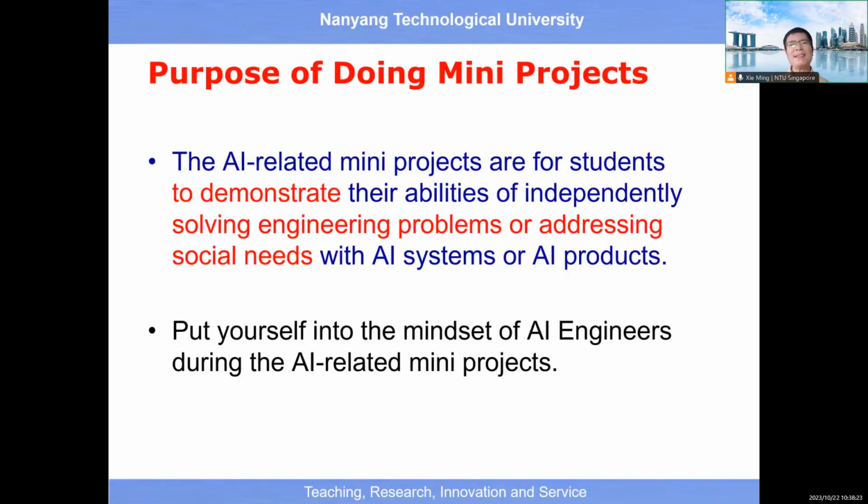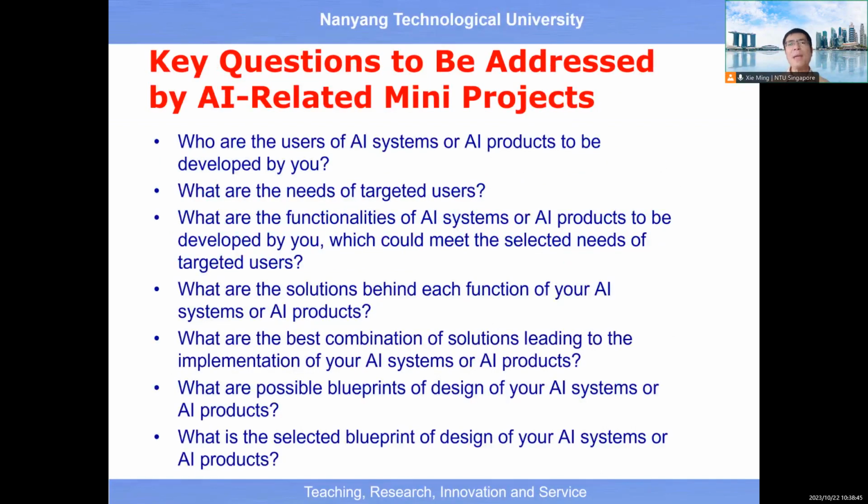And inside the mini project, you are expected to present or to write or describe an AI system or AI product which will solve an engineering problem or address a social need, right, with the use of your AI system or AI product, etc. Okay, in case you do not know how to start with your mini project, then try to study this slide and think through the answers to all these questions.